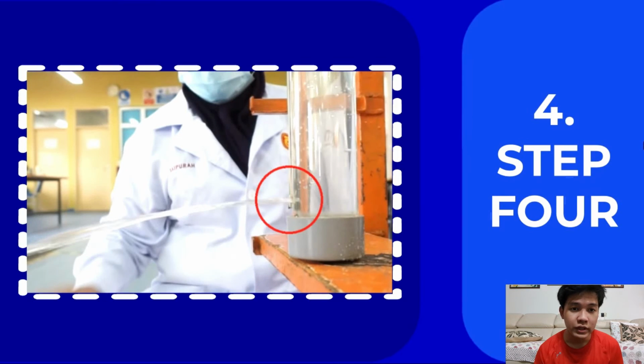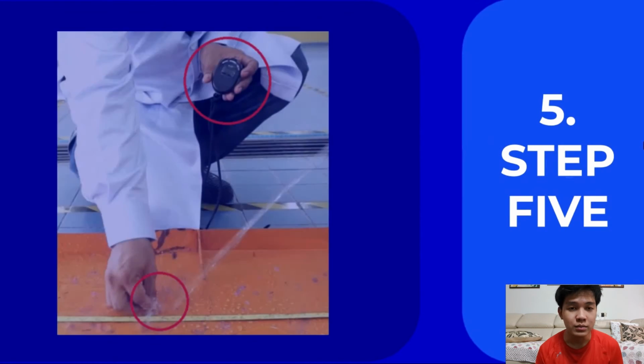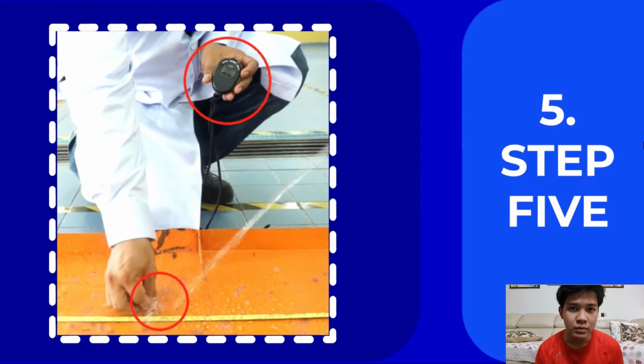Then step 4 is, after the water in the cylindrical tank is at the desired volume, take off the finger from the hole. Then step 5 is to simultaneously mark the maximum distance of the water jet by using clay and record the time taken for the water to drain out.